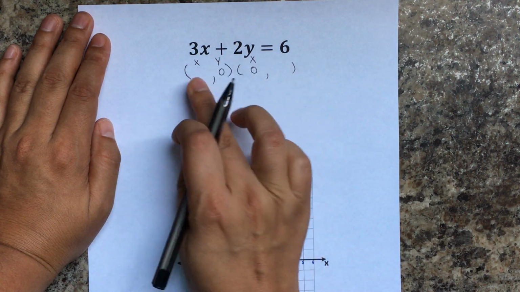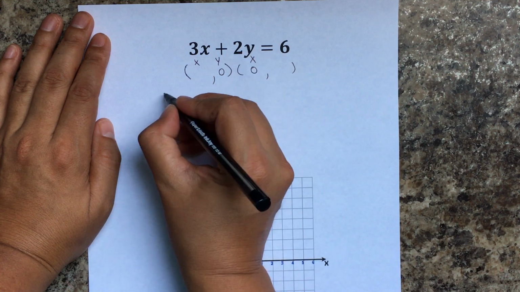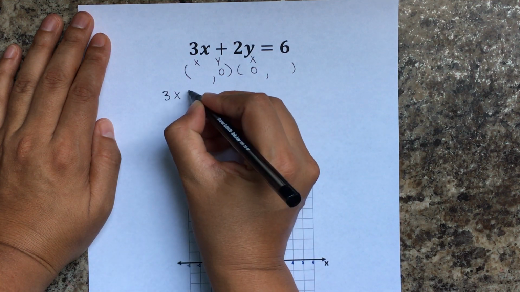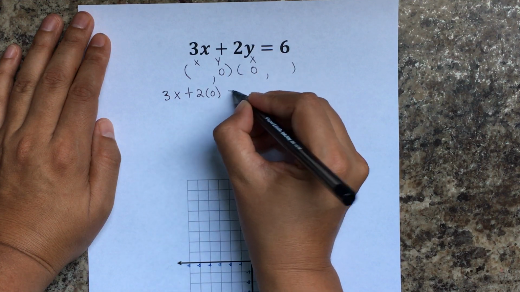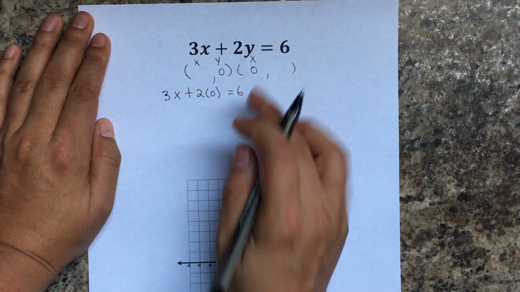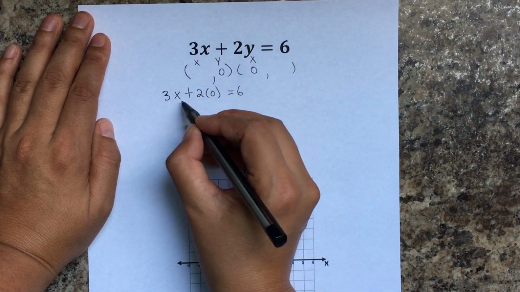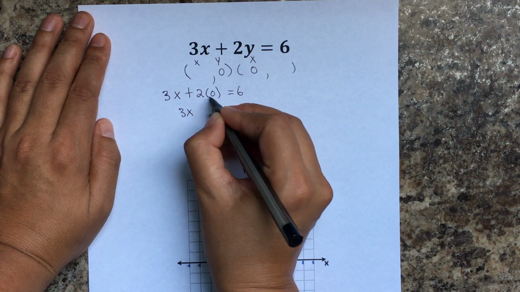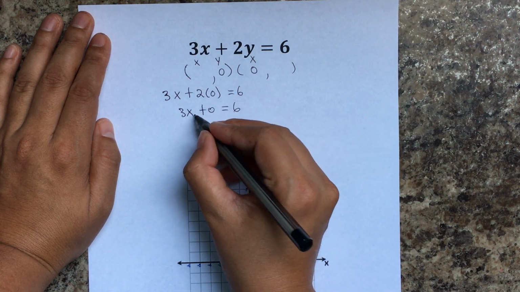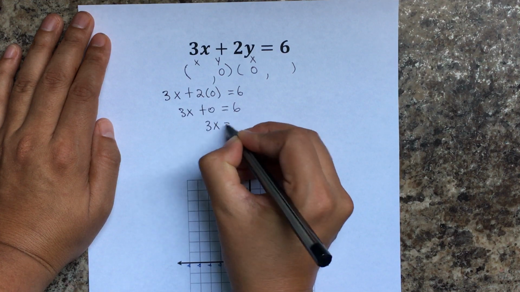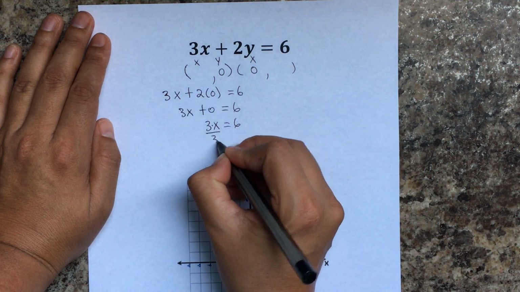So for the x-intercept, I'm going to replace y with 0. So 3x plus 2 times 0 equals 6. Everything is the same except you put the 0 in there. 3x, 2 times 0 is 0, equals 6. 3x plus 0 is 3x, equals 6. And if you're multiplying, the opposite is dividing.